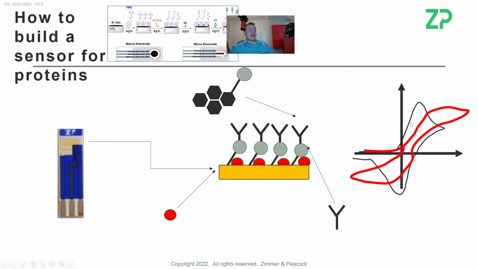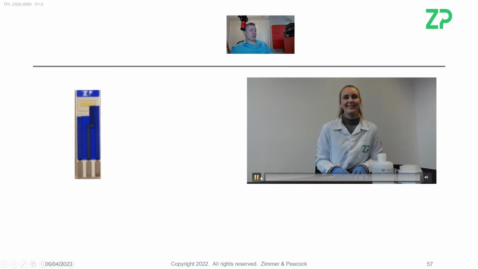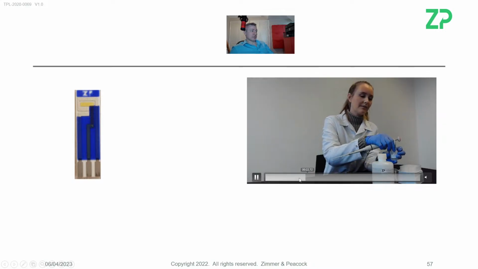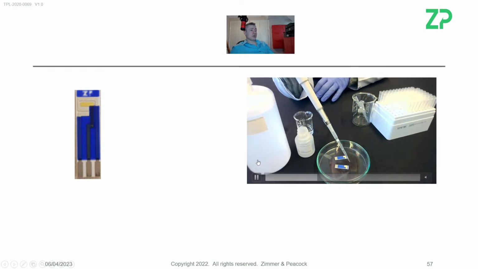So we do measure these processes as we go by cyclic voltammetry. I think one of the things that people don't necessarily realize, and I do try to emphasize it a lot on our website, and also in our webinars, is that gold electrodes, no matter how nice the manufacturer has made them, you often do need to clean them before use.